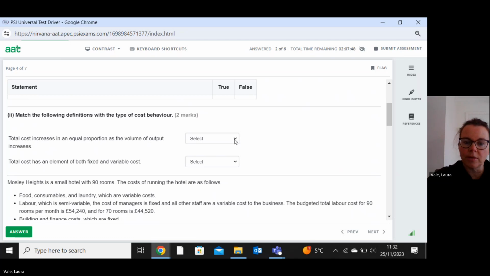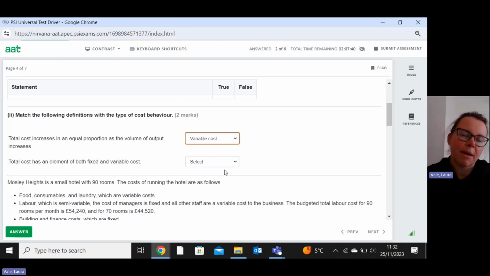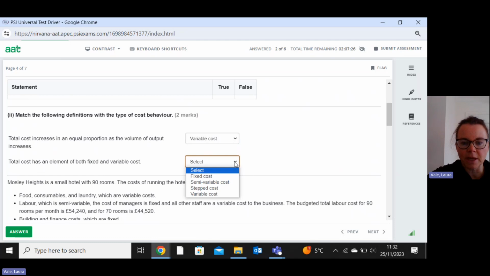So yes, it is a variable cost, because if you were making chairs and you need £10 worth of material per chair, every time you make another chair, you're incurring an extra £10 of cost. Total cost has an element of both fixed and variable. So that's clearly describing a semi-variable cost.